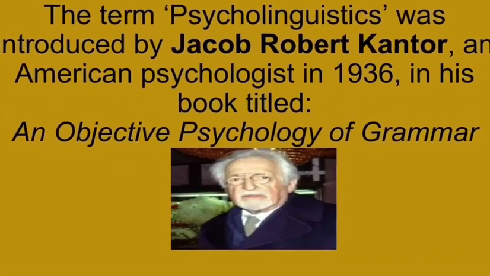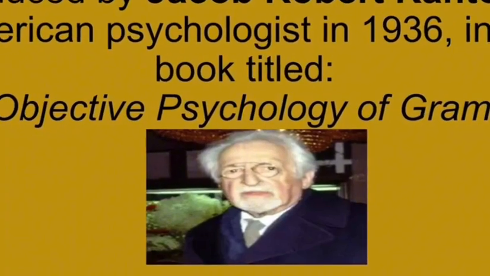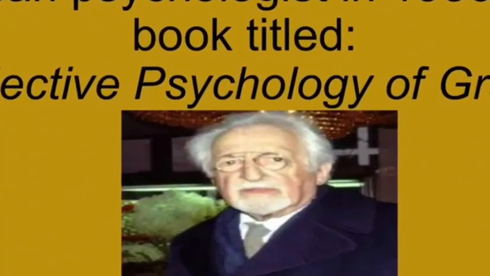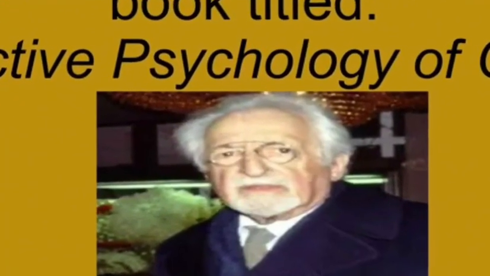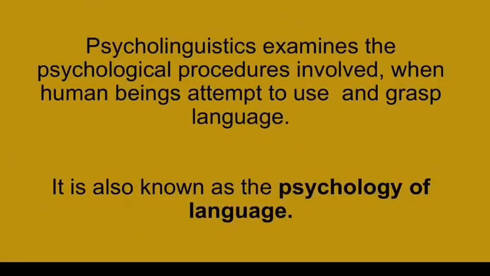Now we can see his picture down here, Jacob Robert Kantor. Now, psycholinguistics is a subdiscipline of applied linguistics that seeks to examine the psychological procedures involved when human beings attempt to use and grasp language.